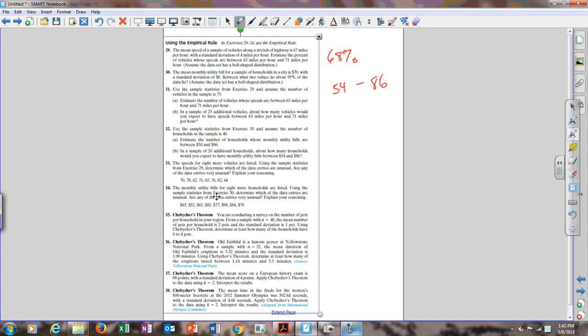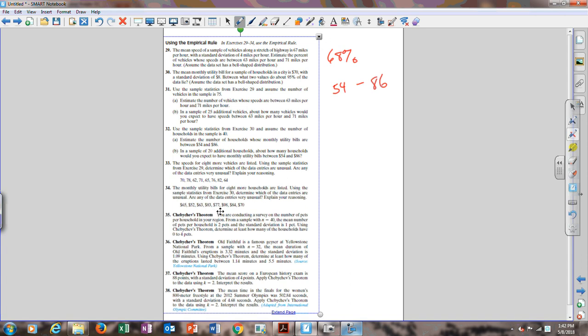Number 34, it's going to be any data that's above 86 is unusual, or below 54 is unusual. So 52 is below 54, that's unusual. If it's much further below, then it would be very unusual.